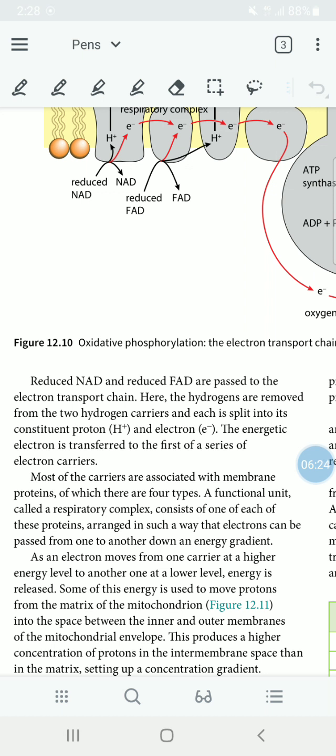Leave a line and write: a functional unit called a respiratory complex, made up of each of these proteins, creates a pathway for the electron to transfer down an energy gradient.